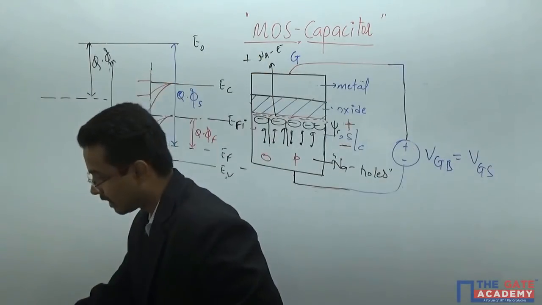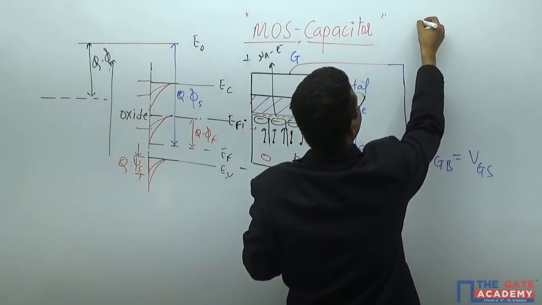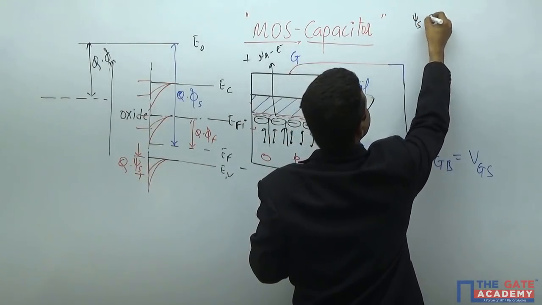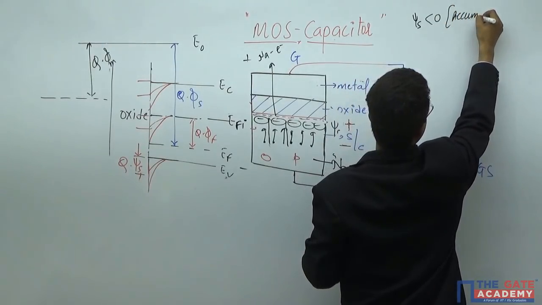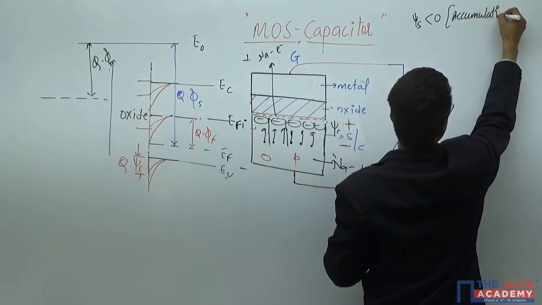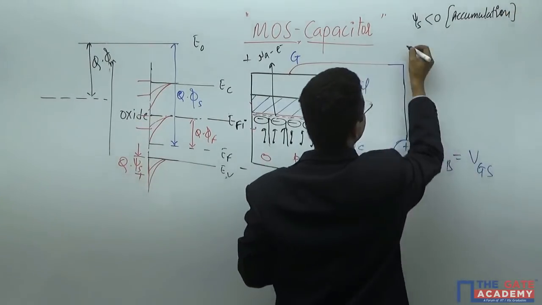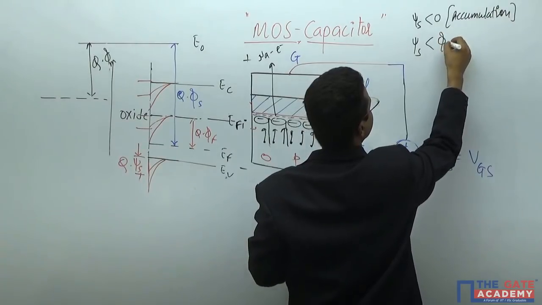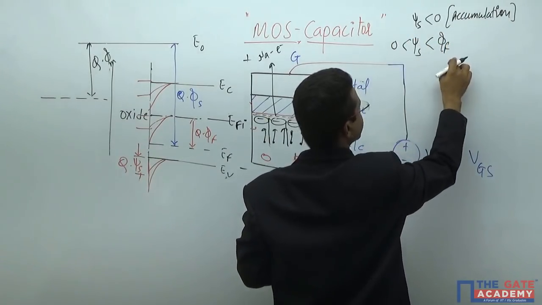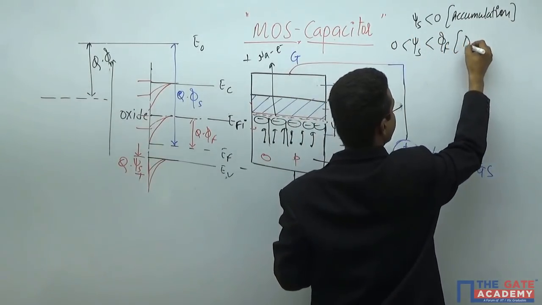What we have discussed till now: when psi s is less than 0, accumulation. When psi s is greater than 0 but less than phi f, this is depletion.